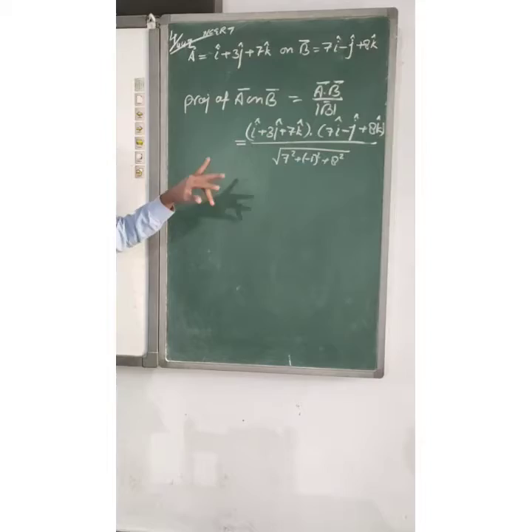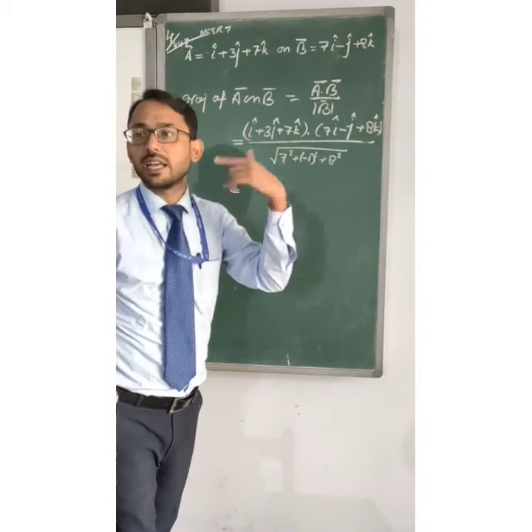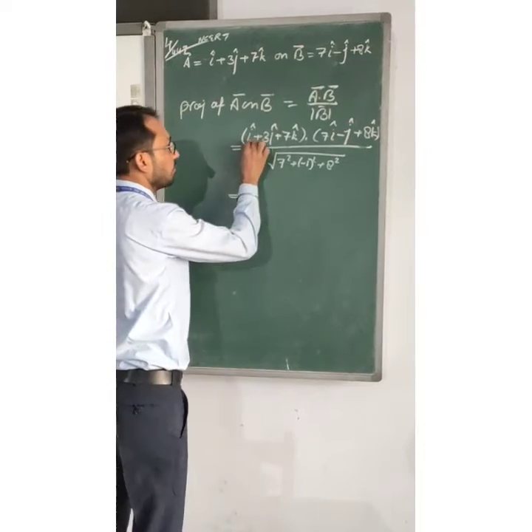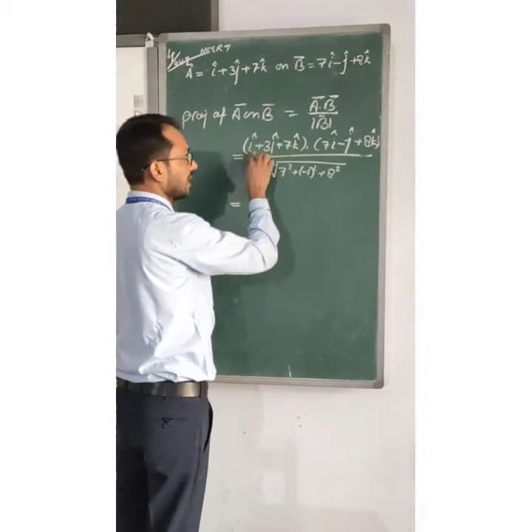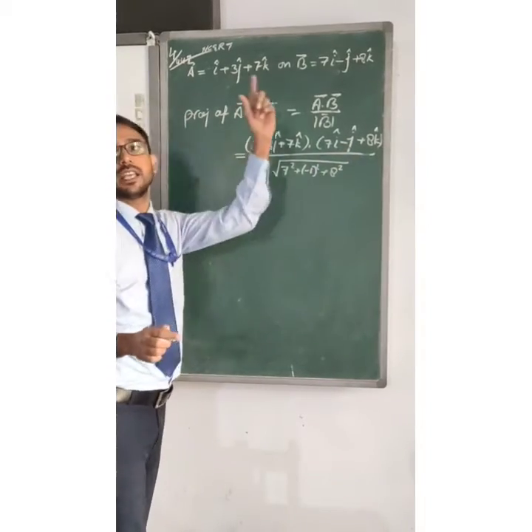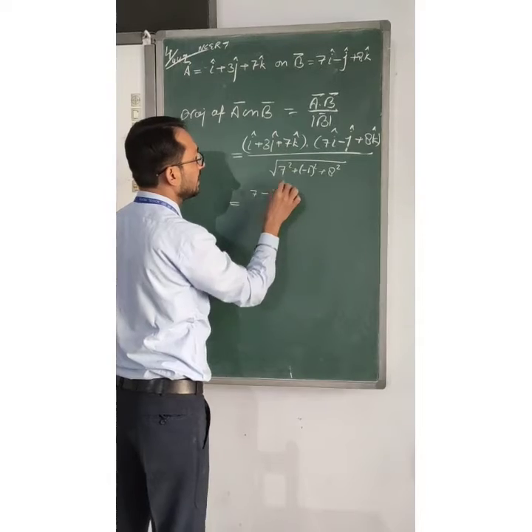When calculating A dot B, we know that i dot i will be 1, so 1 into 7 will be 7. Now j dot j, because i dot j will be 0 and i dot k will be 0, so it will be 3 into minus 1, minus 3.